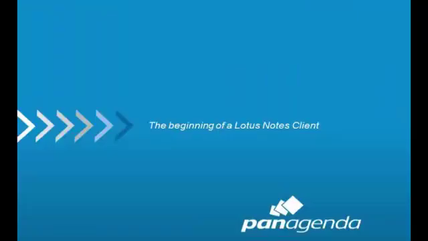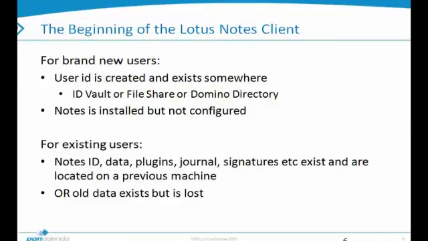All right, now let's talk about the actual topic, the meat of what we're going to talk about today. So as part of the Notes client life cycle and all the struggles that you're going to encounter during this, first comes the beginning, right? The beginning of a Notes client. What does that mean? Well, it depends.